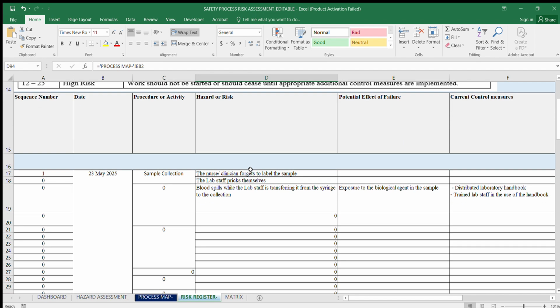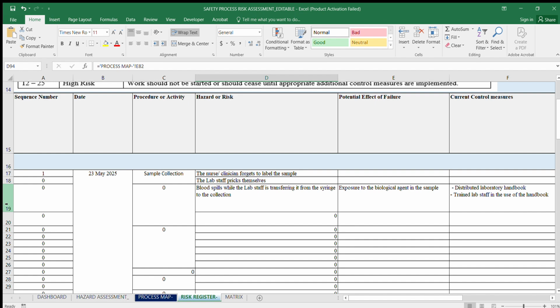So we're going to look at one or two of the identified risks, the scenarios that we created in the process map. These scenarios, like we said, are the points at which you can get exposed to whatever biological agent you are analyzing.